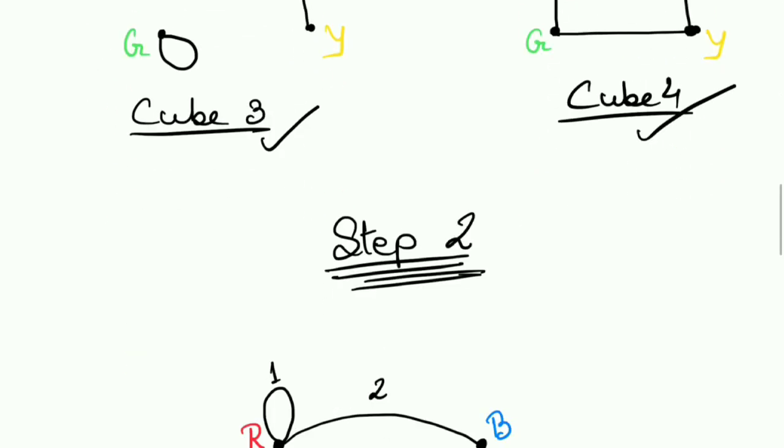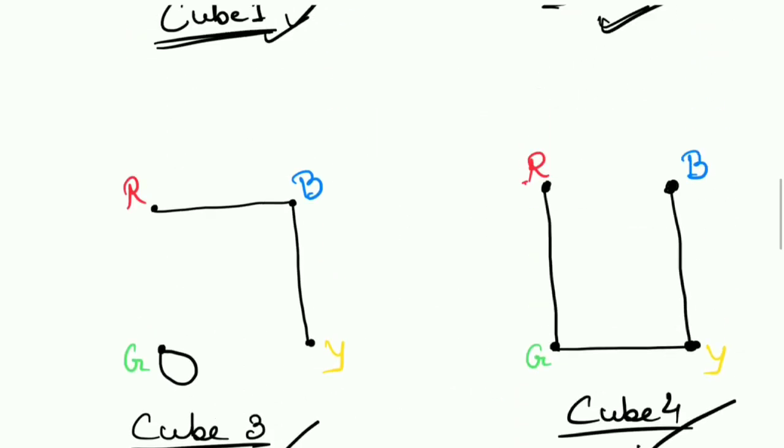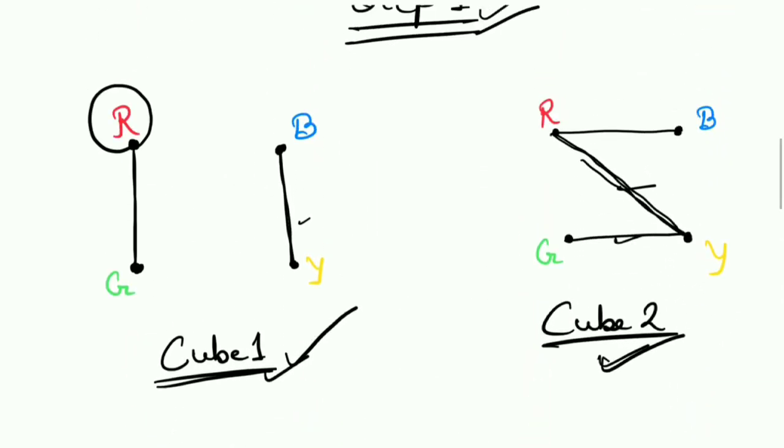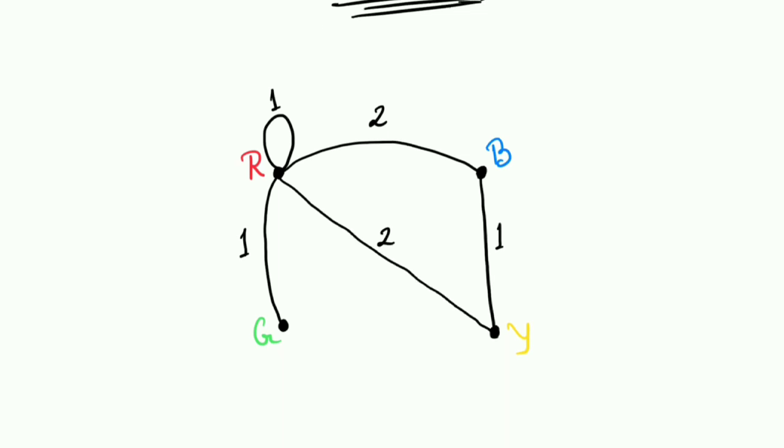Again we see red and yellow. Similarly, red and yellow will be joined and named as 2 as it comes from cube 2. And one more, we have green and yellow. So we will join green and yellow and name it as 2 as it comes from cube 2.